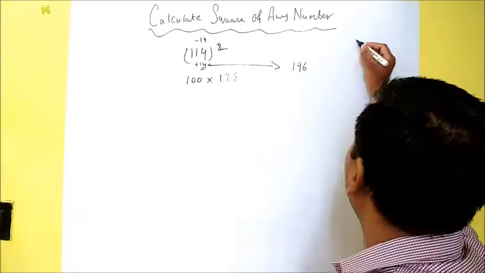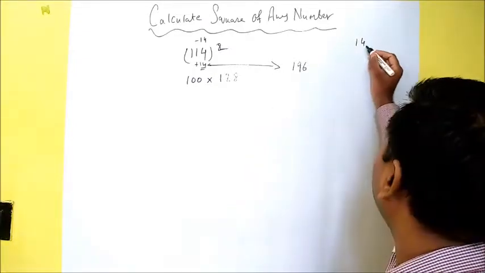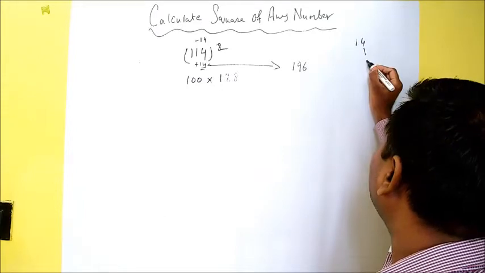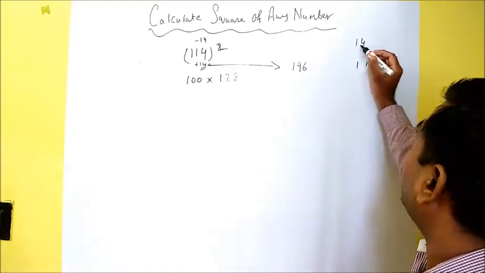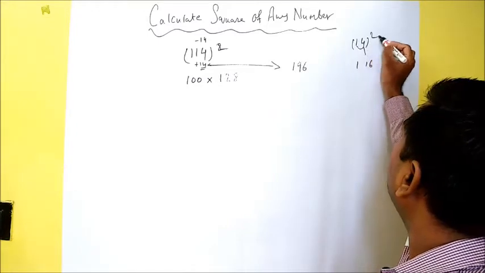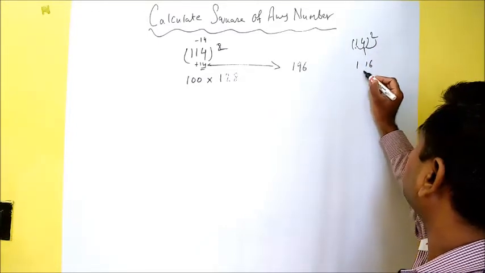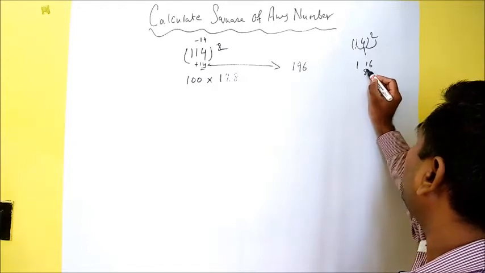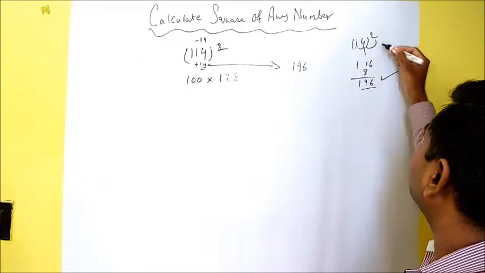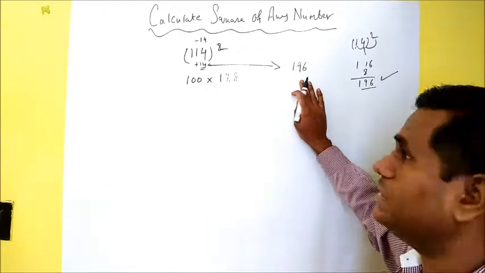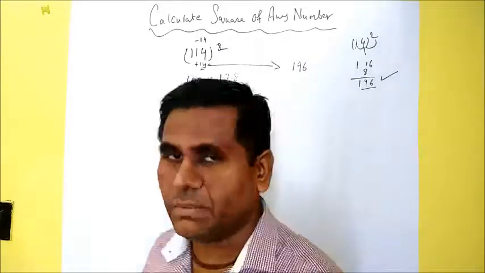If you don't know, you can calculate 14 square using the previous method as well: 4 square is 16, 1 square is 1, and 1 into 4 into 2 is 8. So this will be 196. Using this method also we are getting 196. So I have done 14 square and kept it separately.